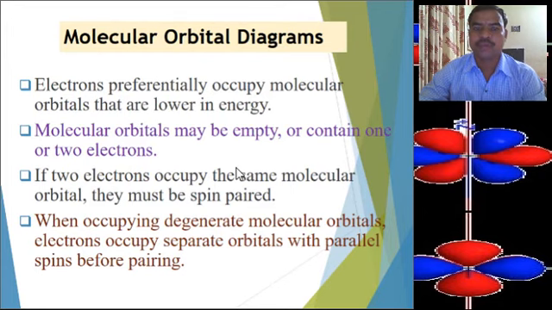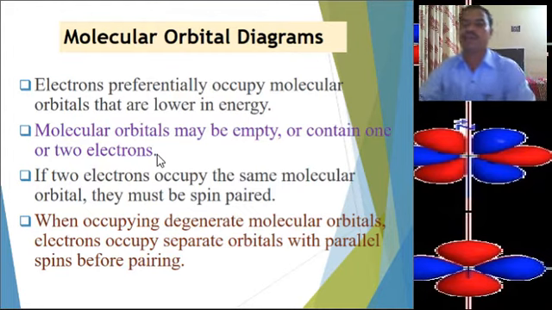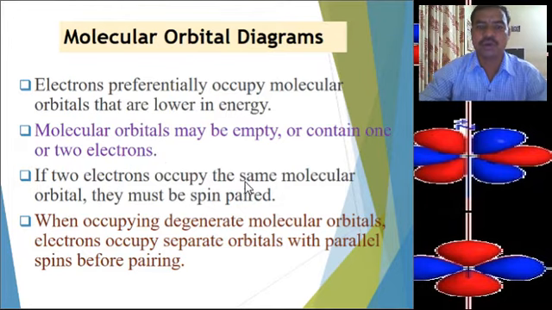Then the molecular orbital diagrams. Some points: electrons preferentially occupy molecular orbitals that are lower in energy. A molecular orbital may be empty or contain one or two electrons. If two electrons occupy the same molecular orbital, they must be spin paired.